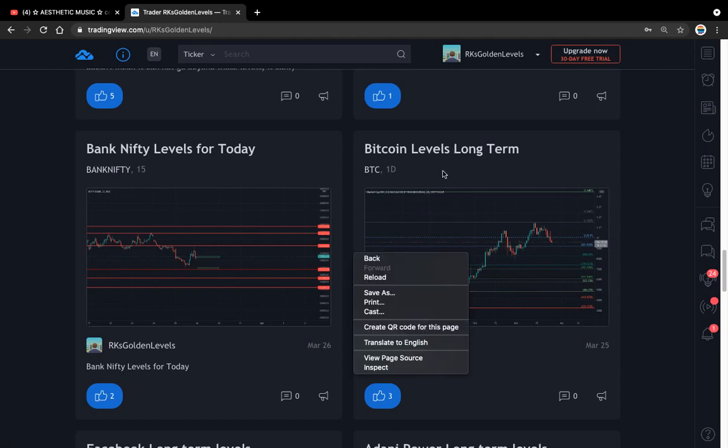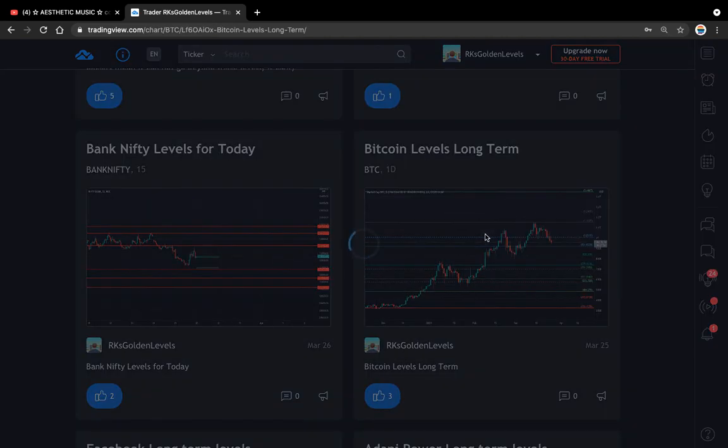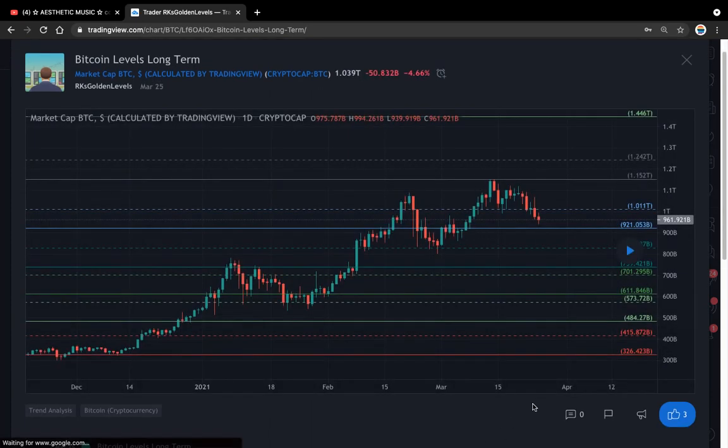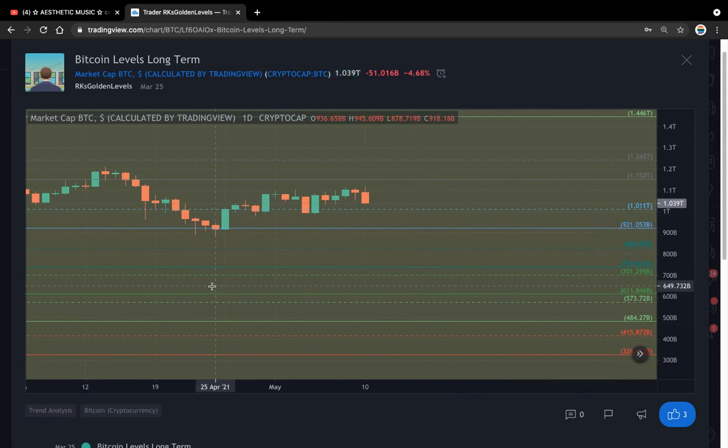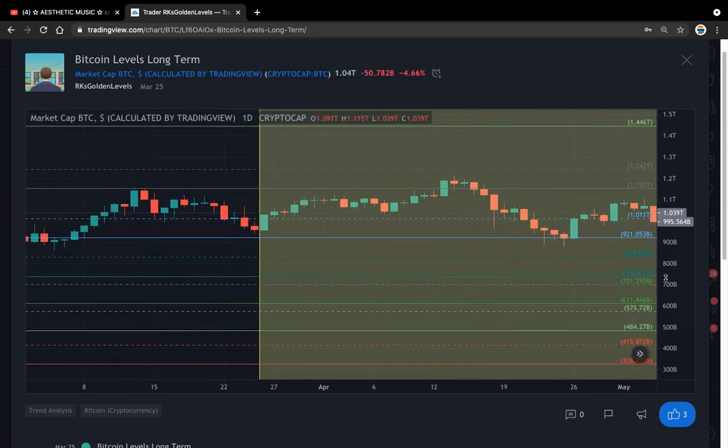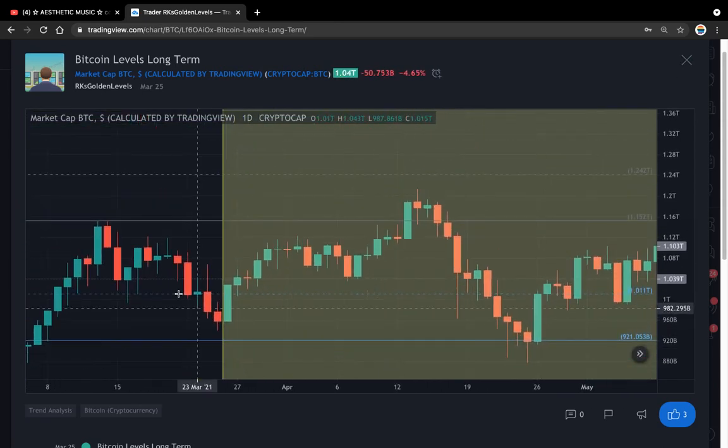Okay, we also publish Bitcoin levels. Let's see how they performed. See how beautifully our levels work. Once it closed above this level, it touched this level, and also tried to touch the next level, but first target and 1.5 levels of target achieved.